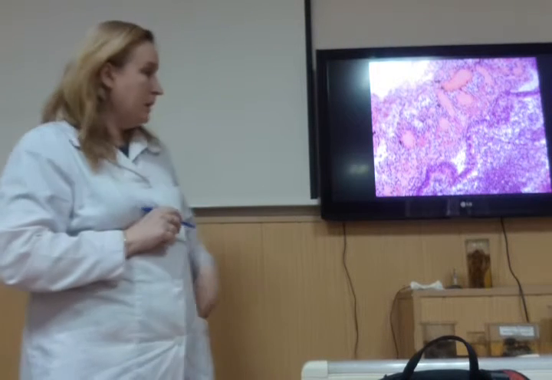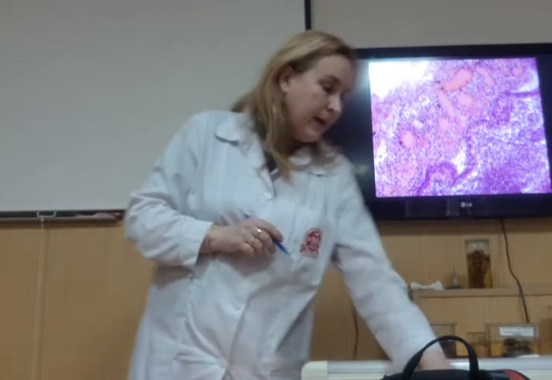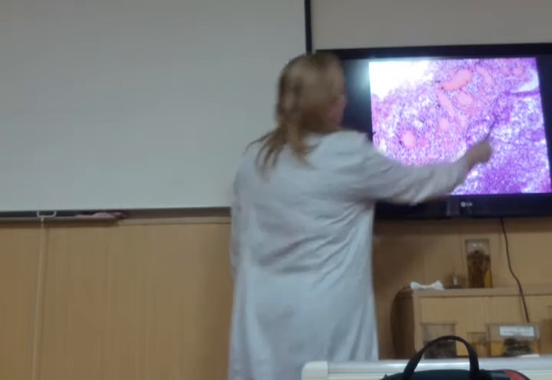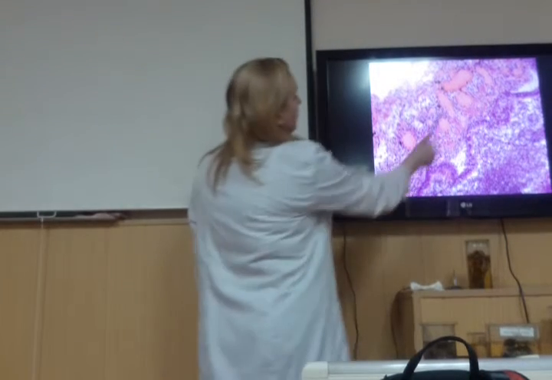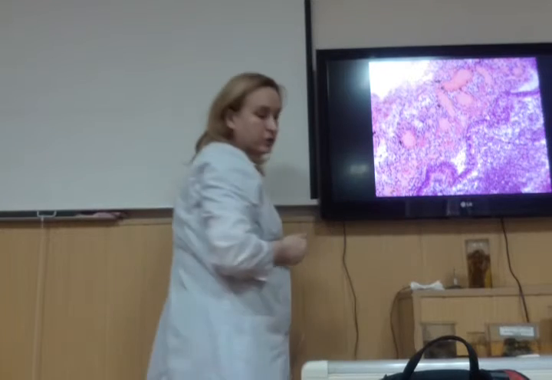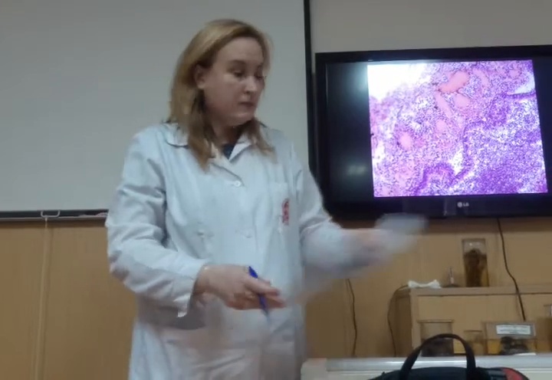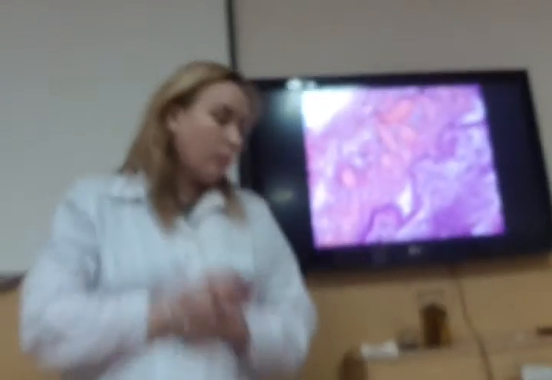So slide 188. On this slide, by the way, we can see the inflammation of the wall of bronchus and gorged vessels and extravasation of the blood. So point number 1, inflammation in bronchial wall.